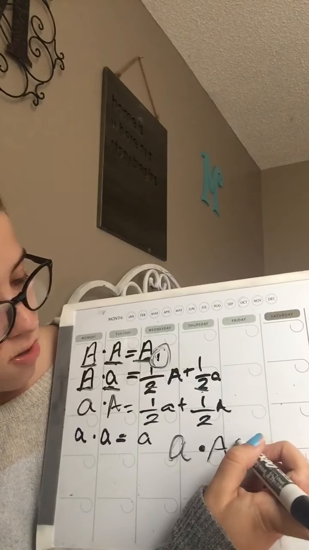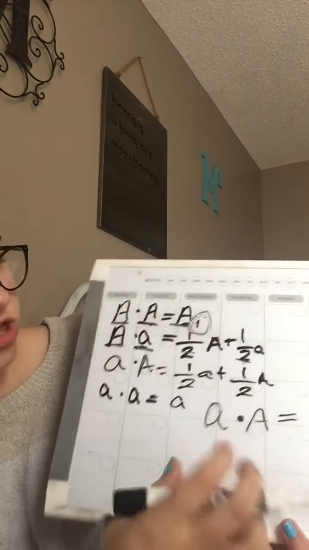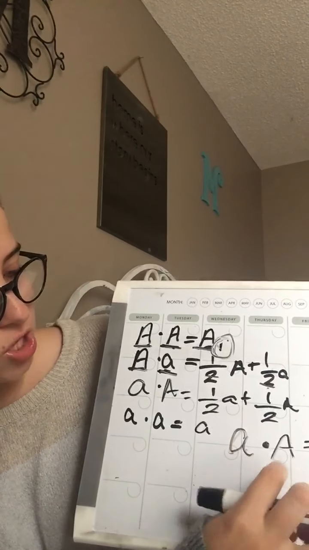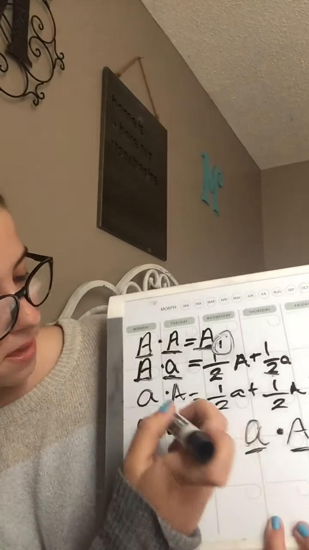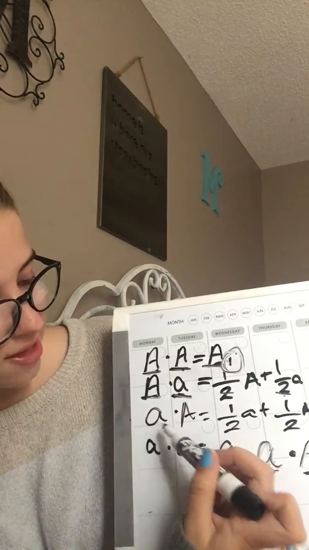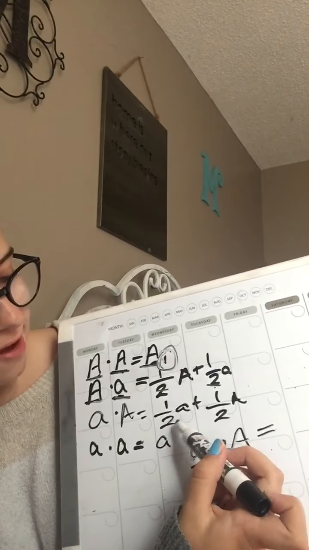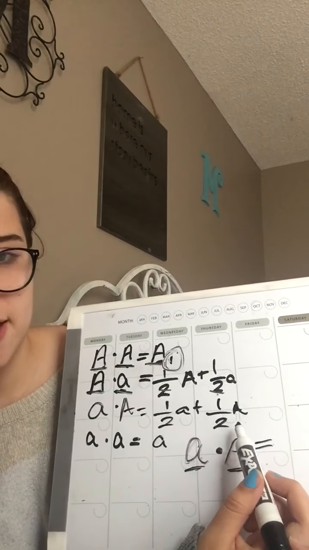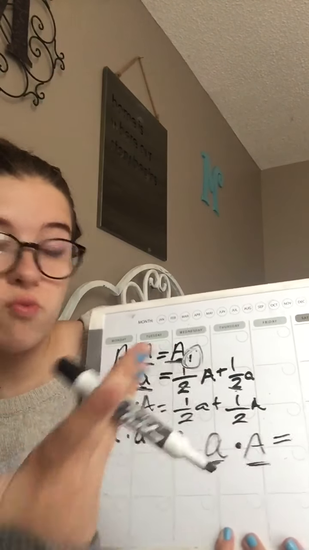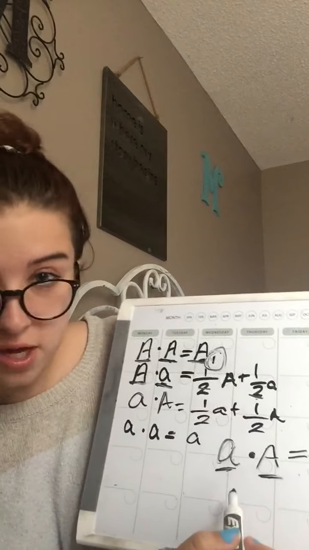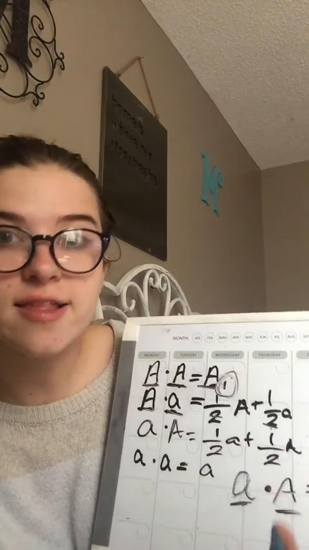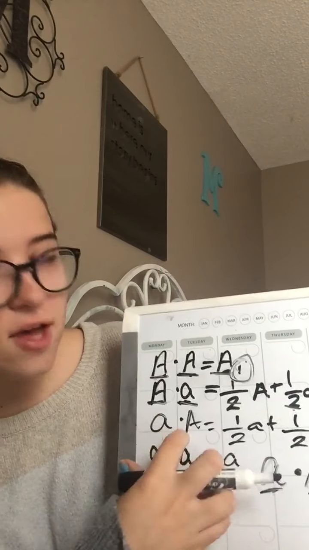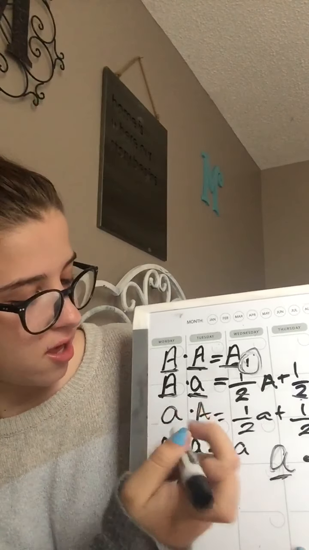Okay? And so we're going to look at our equations and see which one matches this. So we got little a times big A, and we know this is the little a times big A equals 1/2 little a plus 1/2 big A equation. And so we just took 2 physical characteristics, a scientific fact, and we found a mathematical equation to match it.